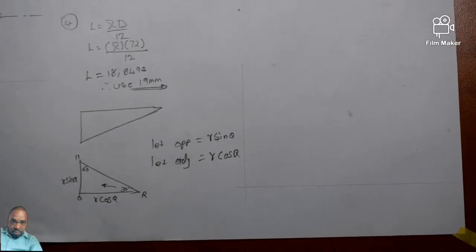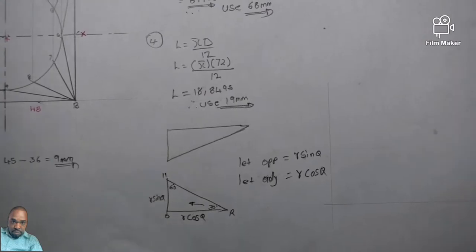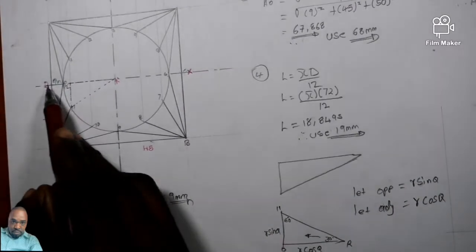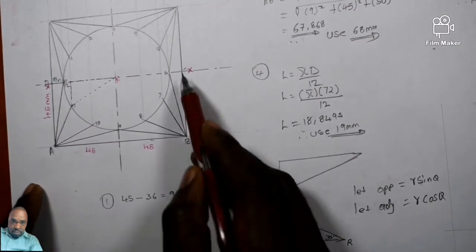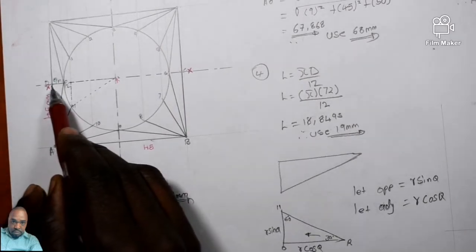Right, go back to your top view. To your top view, we have D, A, B, C, and is X there, isn't it?